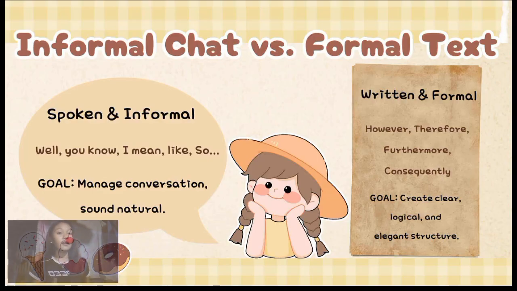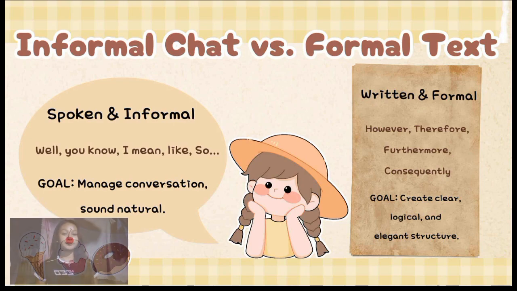We use fillers to hold our turn, and phrases like you know and I mean to buy time, soften statements, or check for understanding. While sometimes frowned upon, they are a natural part of spoken fluency.